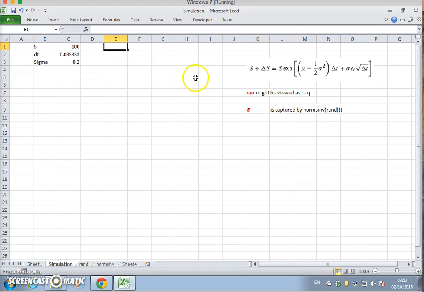Now we have to look at our drift, and the drift we have to represent as the term here in these brackets. So we could say the drift is equal to mu. Now mu is r negative q, so let's just generate that first.